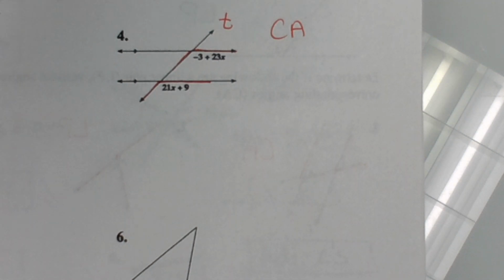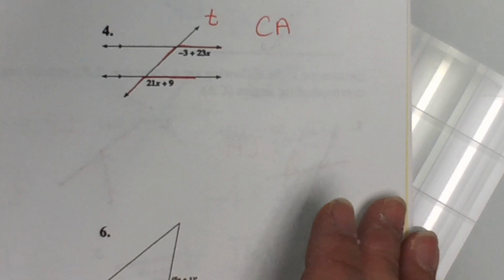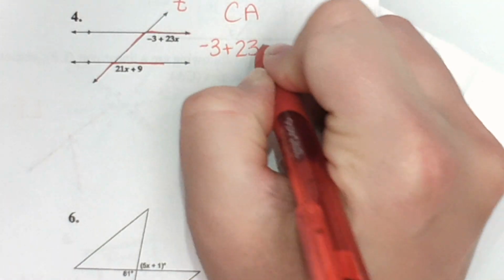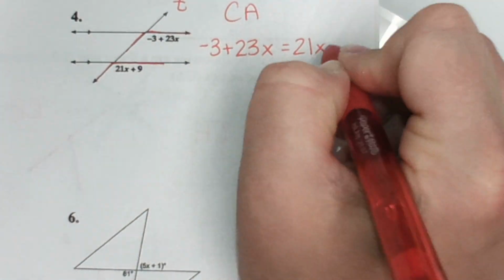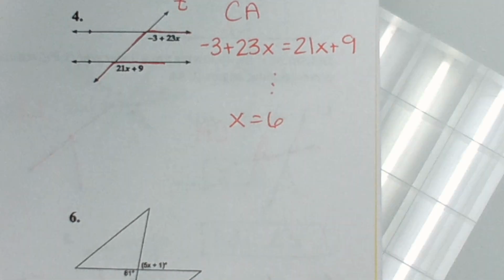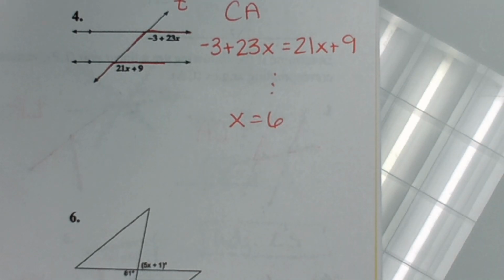Louis, if they're corresponding, what did we say we know about them? Are they supplementary or are they congruent? Nope, you're right the first time. Congruent, in other words, they are equal. -3 plus 23x equals 21x plus 9. X will not be 11 this time, it'll be 6.